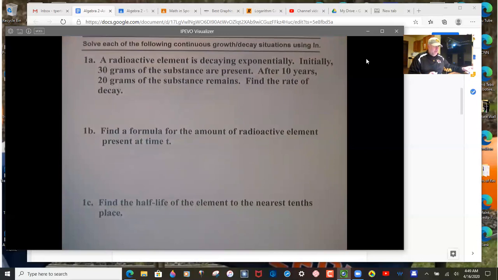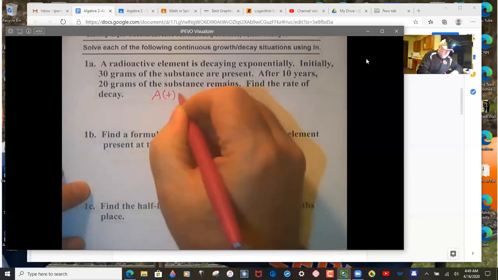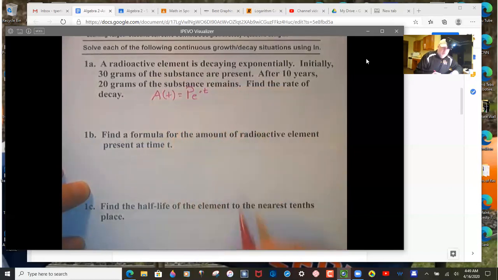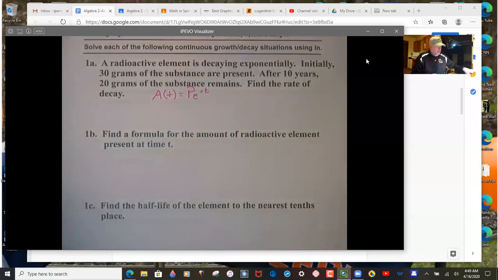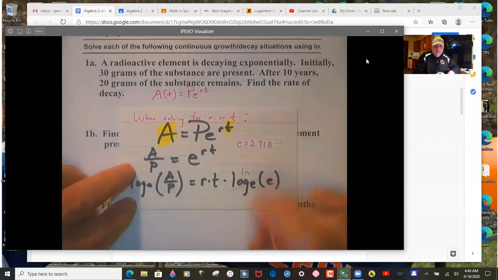So steps, how does this work? What you want to do is to start off by writing this. Step 1. Step 2, put in what is given, and then we have to do the work. If we're solving for r or t, we have to do this work.